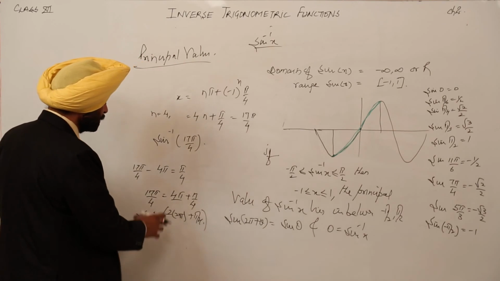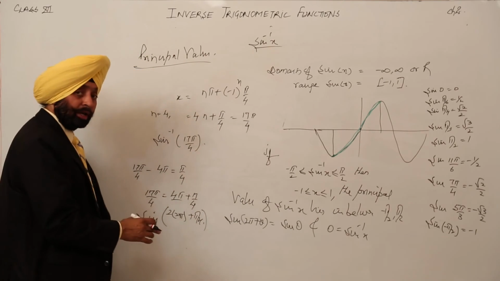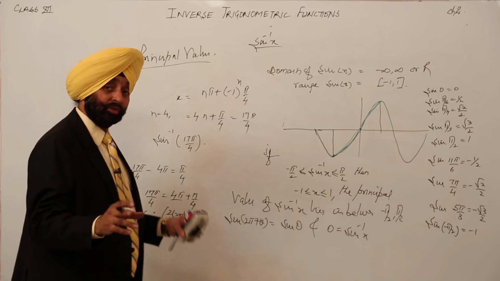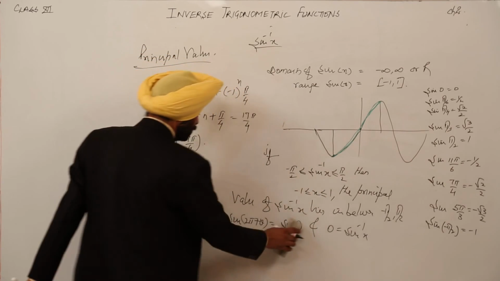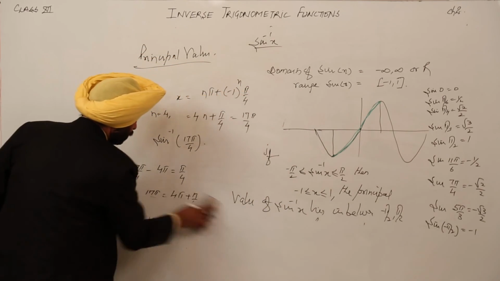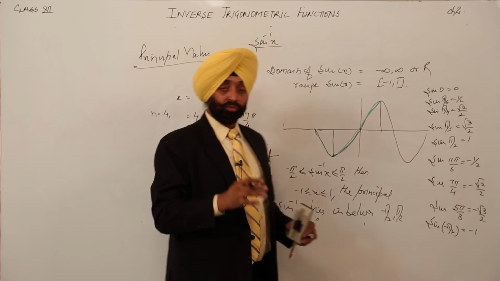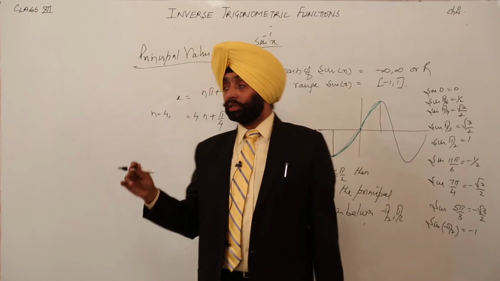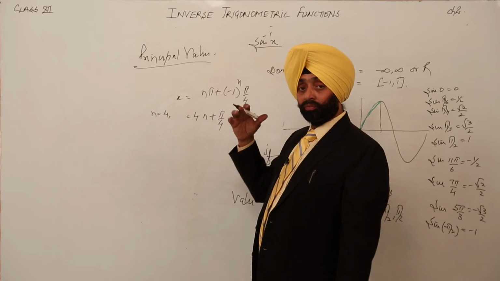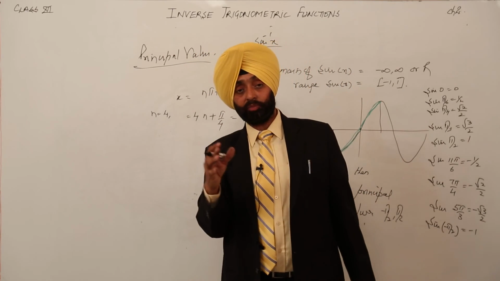Okay, so it means 17 pi by 4 and pi by 4 are one and the same thing, both are having root 2 by 2 positive values. Okay, both are having the same values. So for finding the inverse, the given angles should be lying from minus pi by 2 to pi by 2.